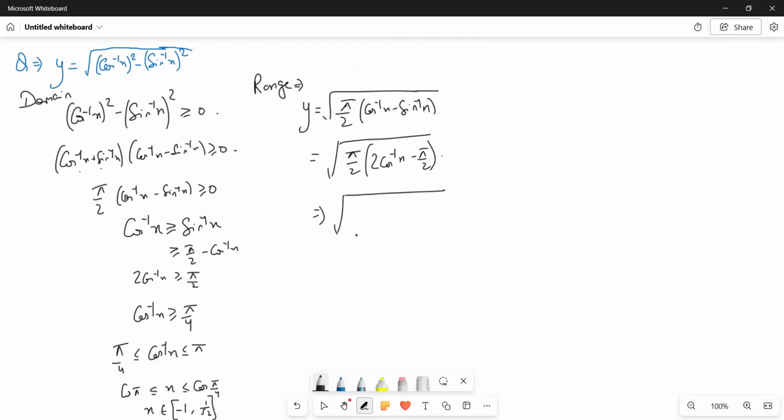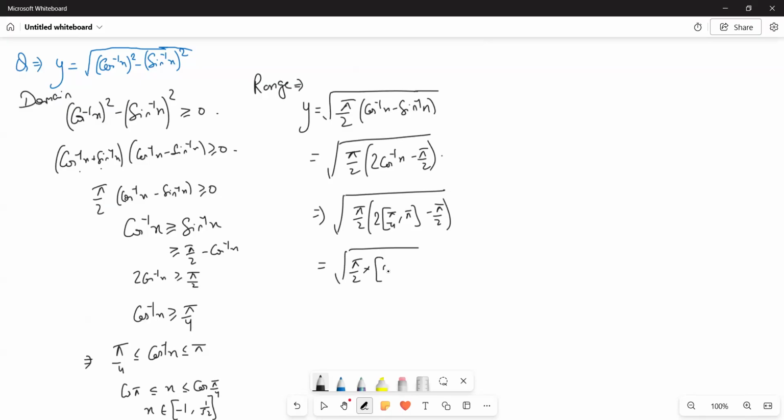So we have root over of pi by 2. अच्छा, यहाँ पे निकाला ये range restriction of cos inverse is pi by 4 to pi. So this would be twice of a number lying between pi by 4 to pi minus pi by 2. So हो गया pi by 4 into 2 is pi by 2, pi by 2 to 2 pi, pi by 2 to 2 pi minus pi by 2.